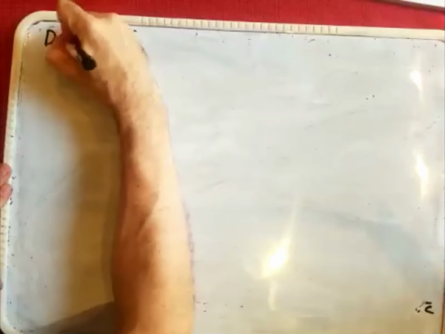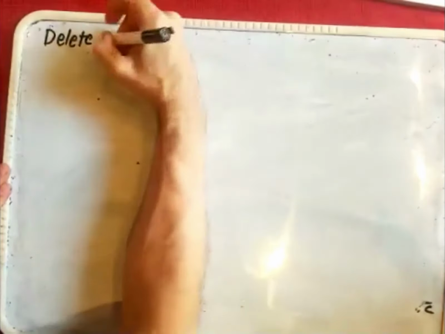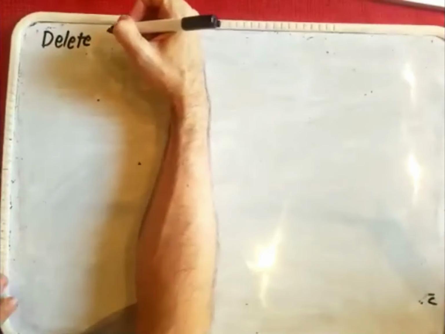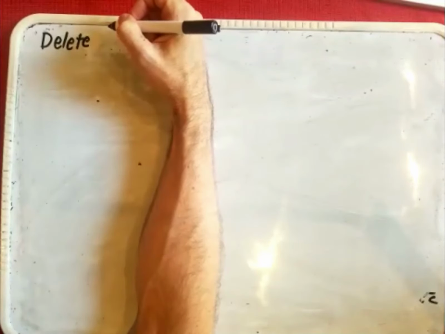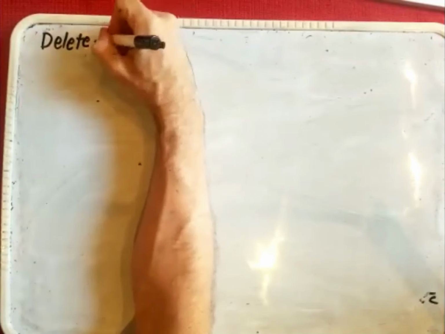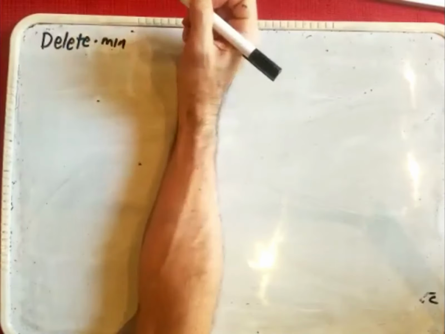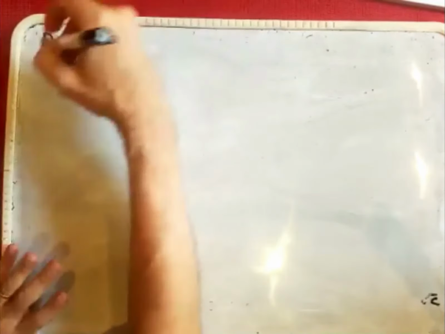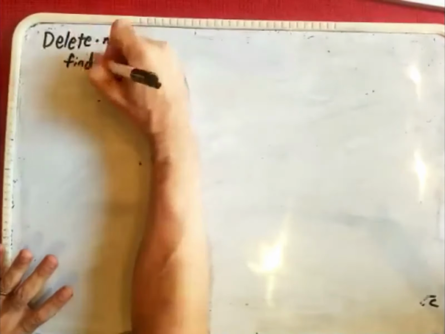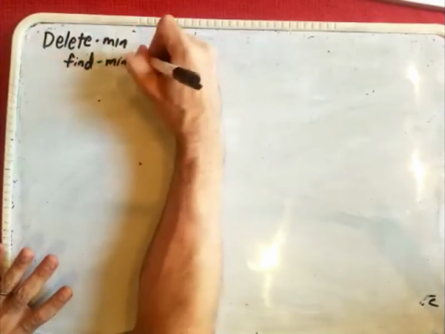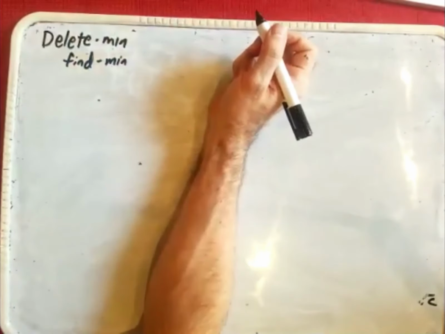So this is a funny thing about the Van Emde Boas queue. I'm not going to talk about delete min. Actually, let's talk about delete min. Does anybody have any questions about how we're going to find the min that we need to delete?